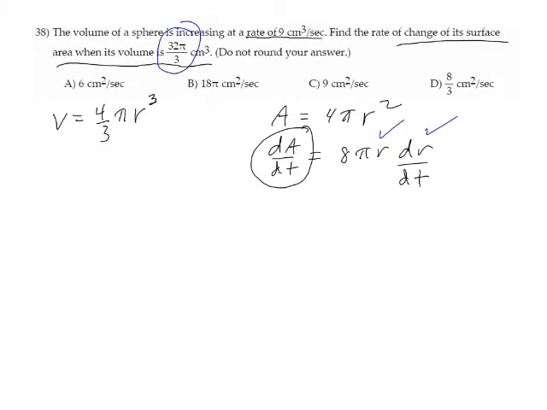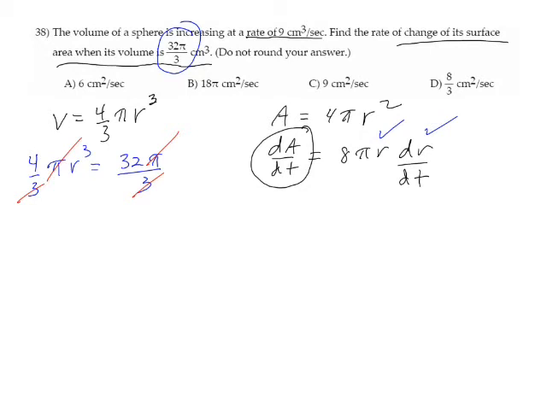Well, if the volume is 32 pi over 3, we've got 4/3 pi r cubed is equal to 32 pi over 3. So we can solve for what the radius must be at that moment. It's nice to cancel out a few things.